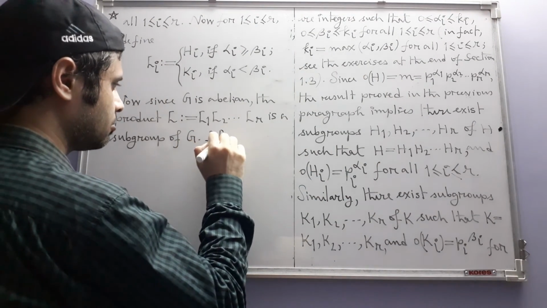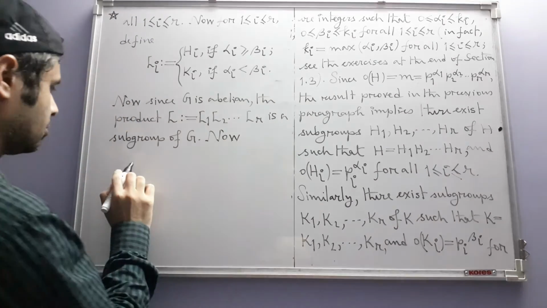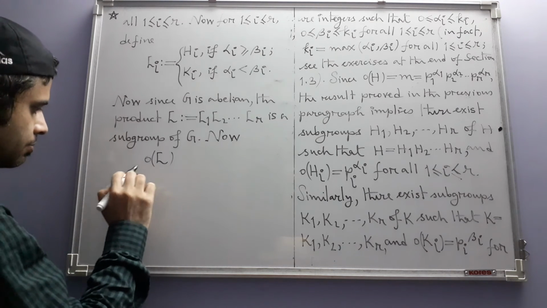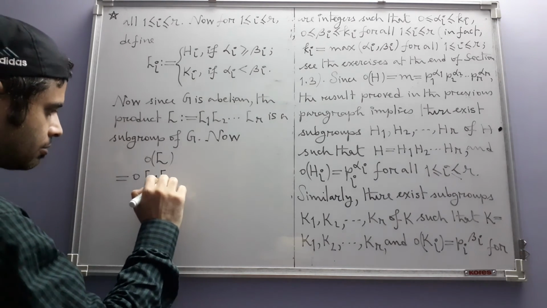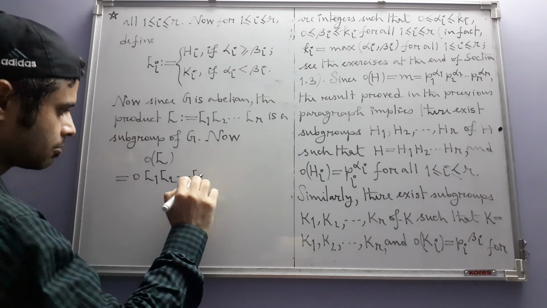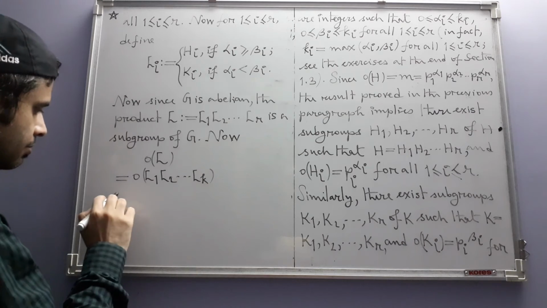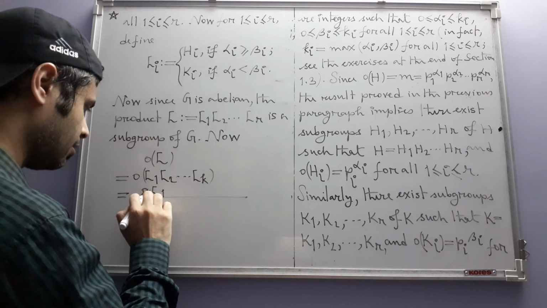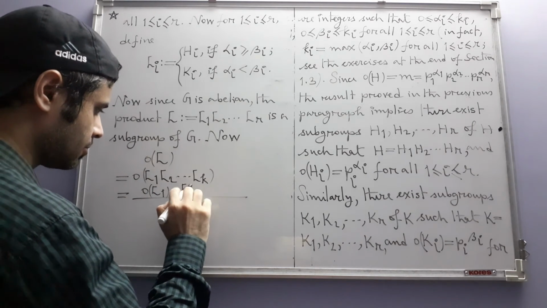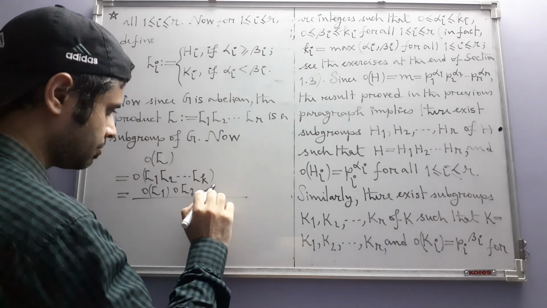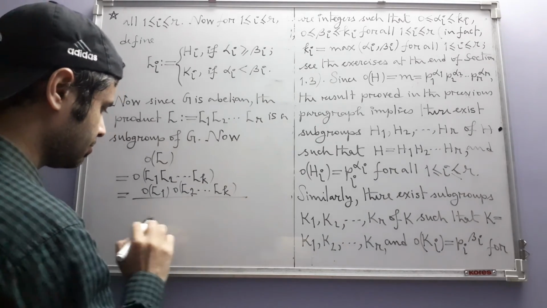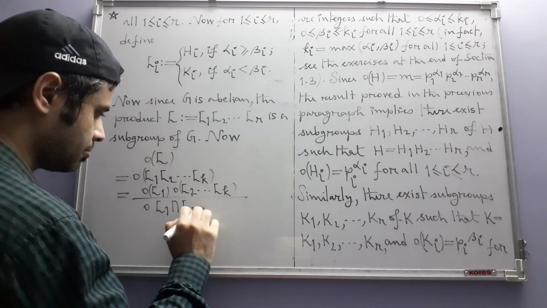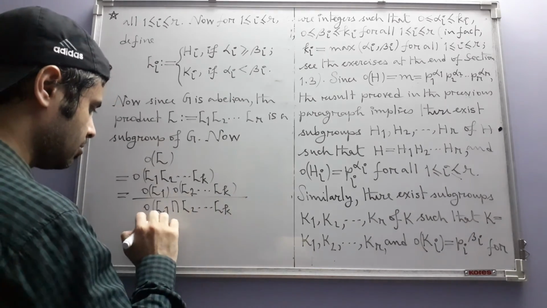Now order of L is equal to order of L1, L2, up to Lk. So this by our formula is equal to order of L1 times order of L2 up to Lk divided by L1 intersection L2 up to Lk.